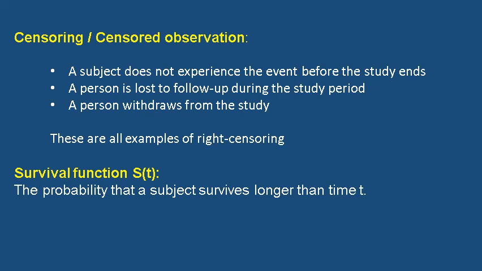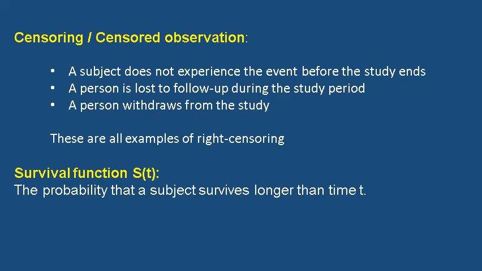That is also considered as censored. A person withdraws from the study, in between the study. That is also considered as a censored observation. These are known as right censoring.